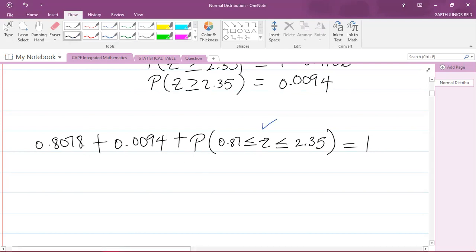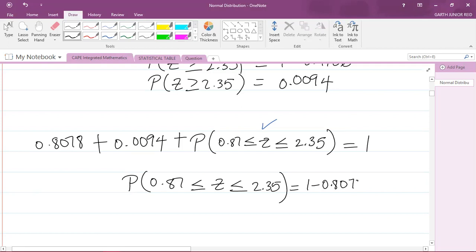So I'm going to subtract from the left-hand side 0.8078 and also 0.0094. And if I do that, on the left-hand side I will have the probability of 0.87 less than or equal to Z less than or equal to 2.35 remaining. And on the right-hand side I will have 1 minus 0.8078 minus 0.0094.